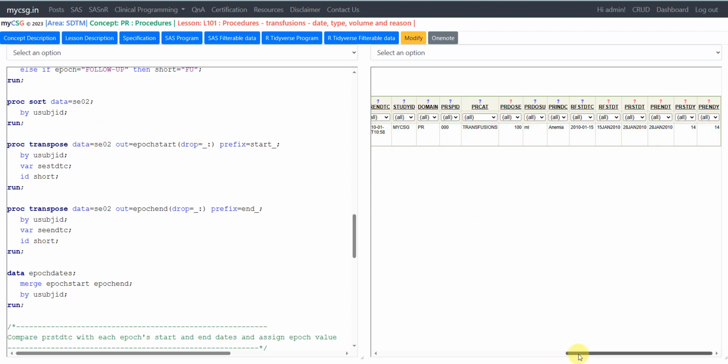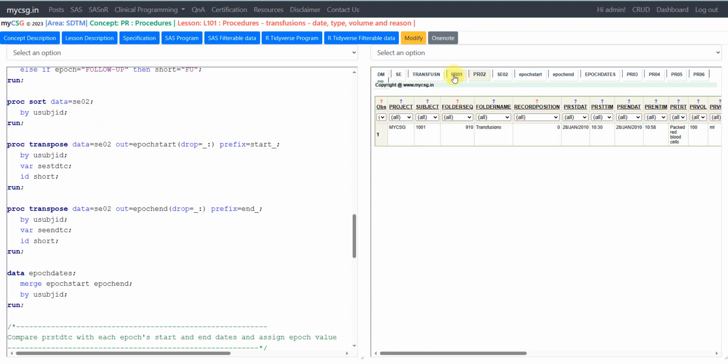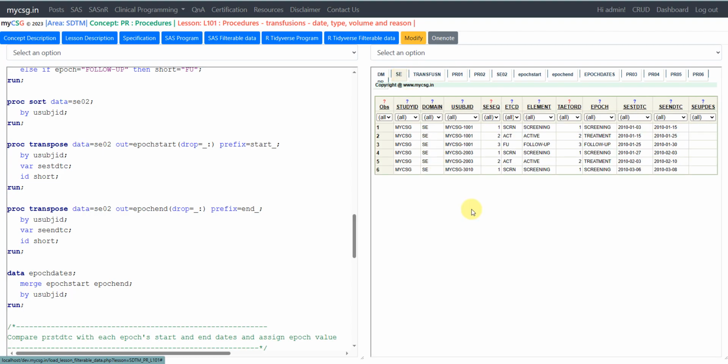We have seen that in SE we have one record per element. When there exists only one element within each epoch, we have one record per epoch. Here that is the case. So we are trying to get the SESTDTC of each of these three epochs onto a single record.